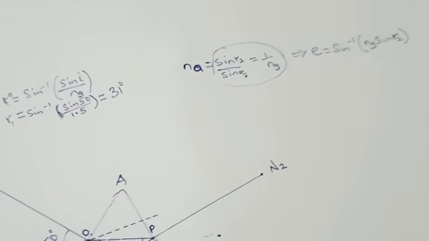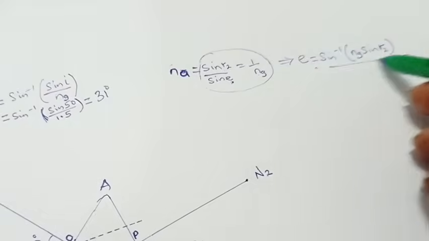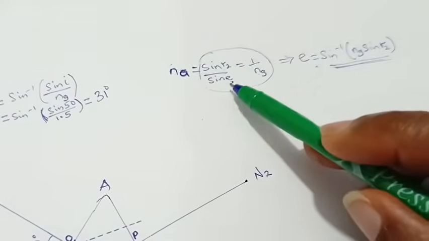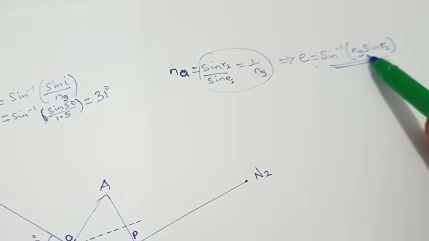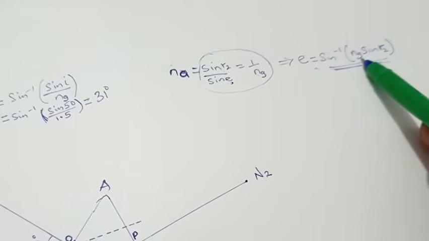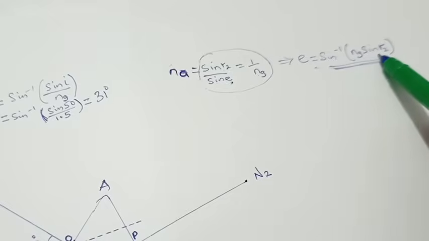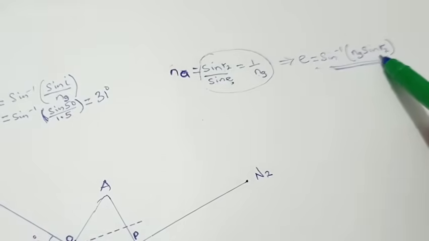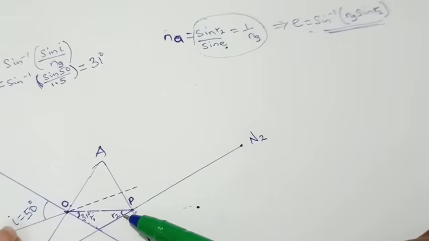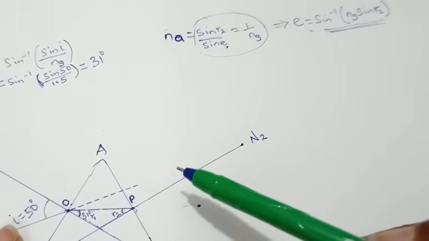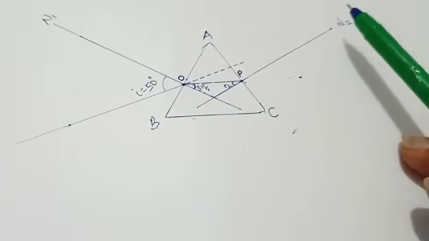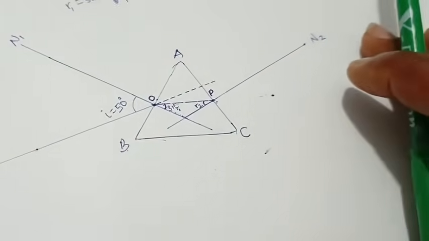That's good. Take note of the formula. So memorize this. You don't need to go through all this stress. To calculate the emergent angle, it is simply sine inverse of the refractive index of glass, that's of the prism, times sine of this angle here. So we're going to measure this angle. We have our protractor. We're going to measure it so that we can do the substitution there already.